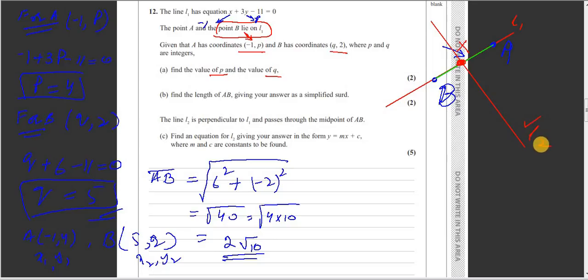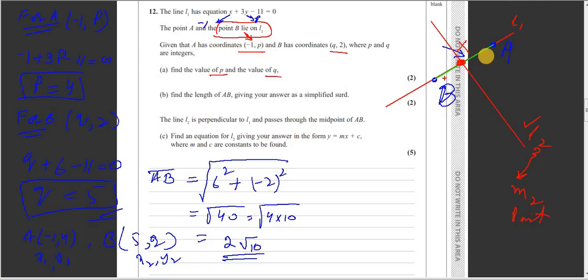So the idea of finding the equation of a line is that generally we need the gradient of the required line, in this case M2, and we need a point on the line. So we need a gradient and we need a point. You see that the line L2 is passing through the midpoint of AB.